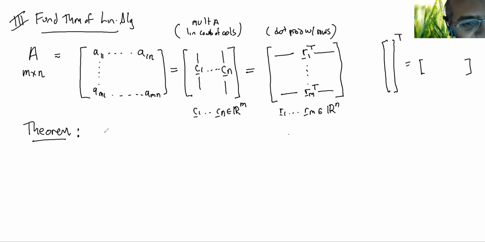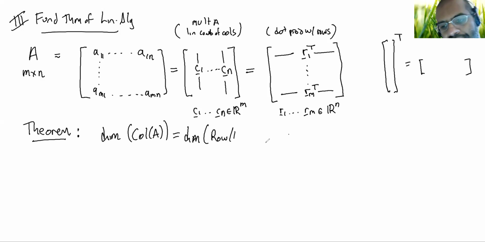What the theorem says is that the dimension of the column space of A is equal to the dimension of the row space of A. Another way of saying that very succinctly is that row rank equals column rank, so the rank of A equals the rank of A transpose.